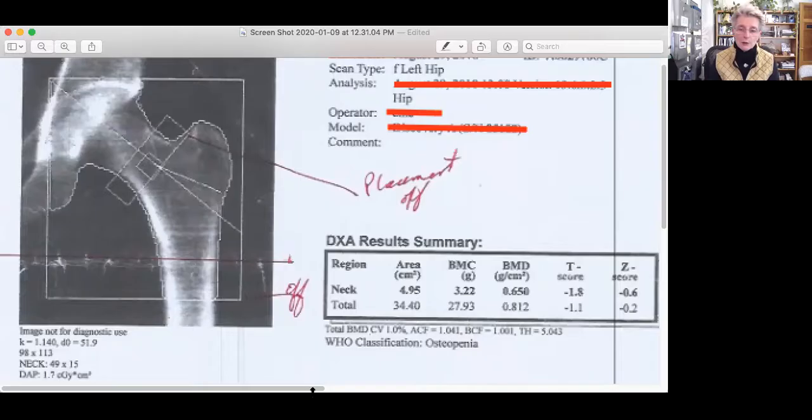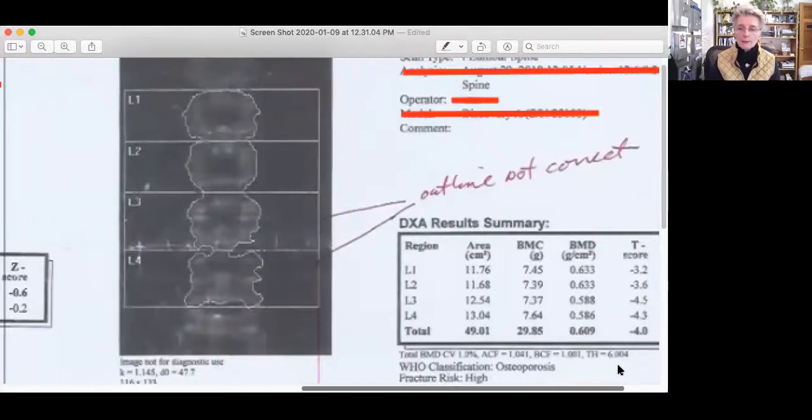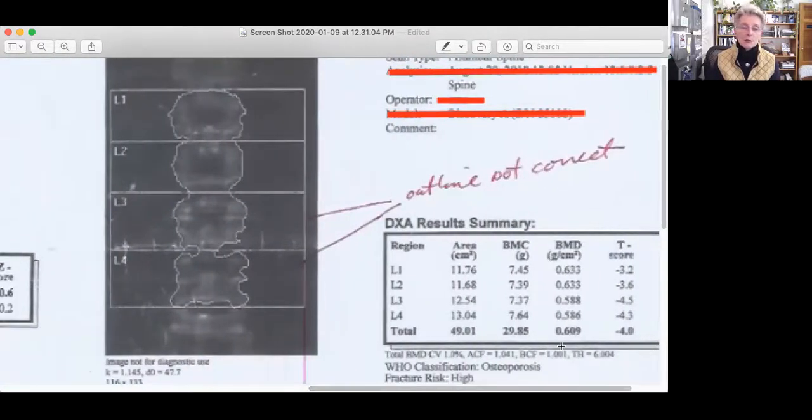Now I'm going to shift over to the spine. And this too is not done correctly. Wherever the lines are on the lumbar spine is what was included in the volume. It's a volumetric measurement that we're using.